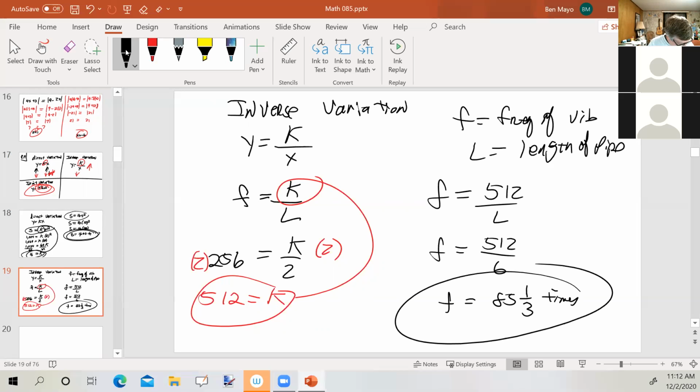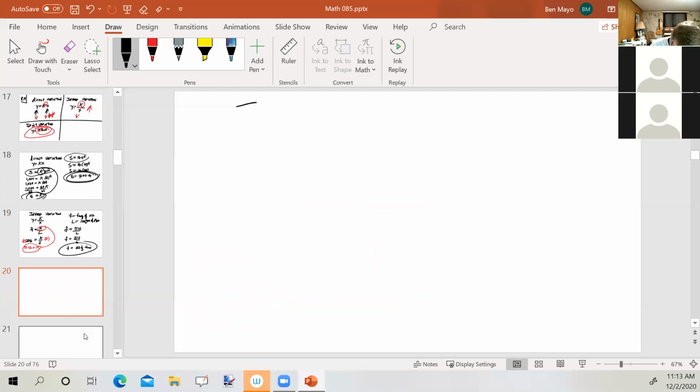Apparently so. Okay. And then let's take a look at an example of joint variation. It says the number of gallons of oil that can be stored in a cylindrical tank varies jointly as the height of the tank and the square of the radius of its base. What have we got?